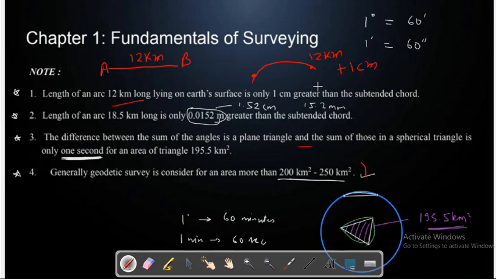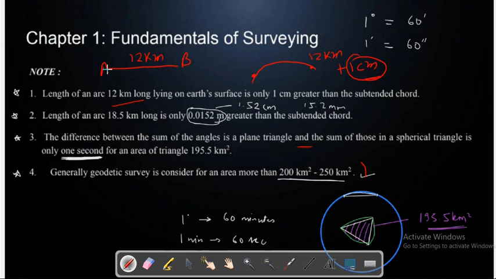That means, see, the arc curvature effect is how small. The value of arc curvature effect is very, very small, that is 1 cm, right? So in case the 2 point distance AB is 12 km, we'll just do plane surveying, will not go for geodetic surveying because the value is very, very small.